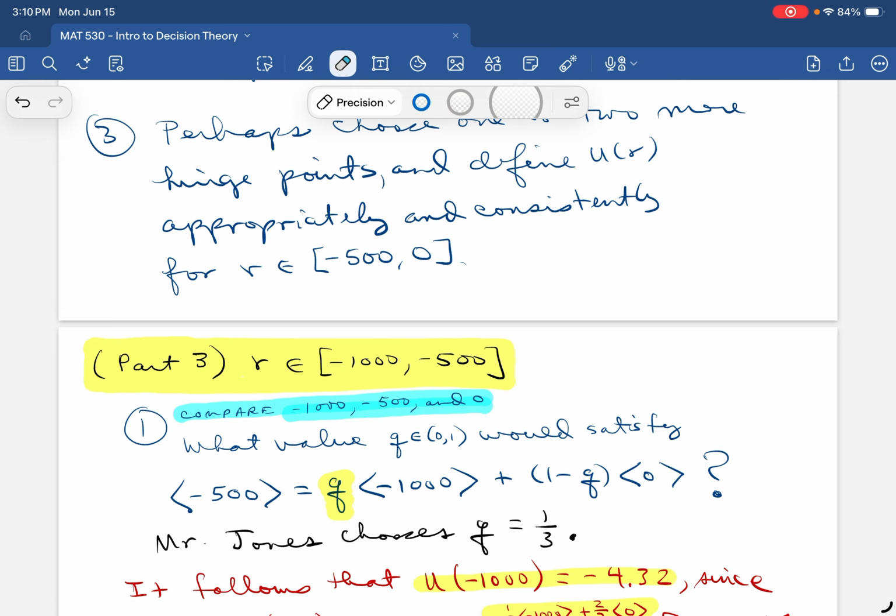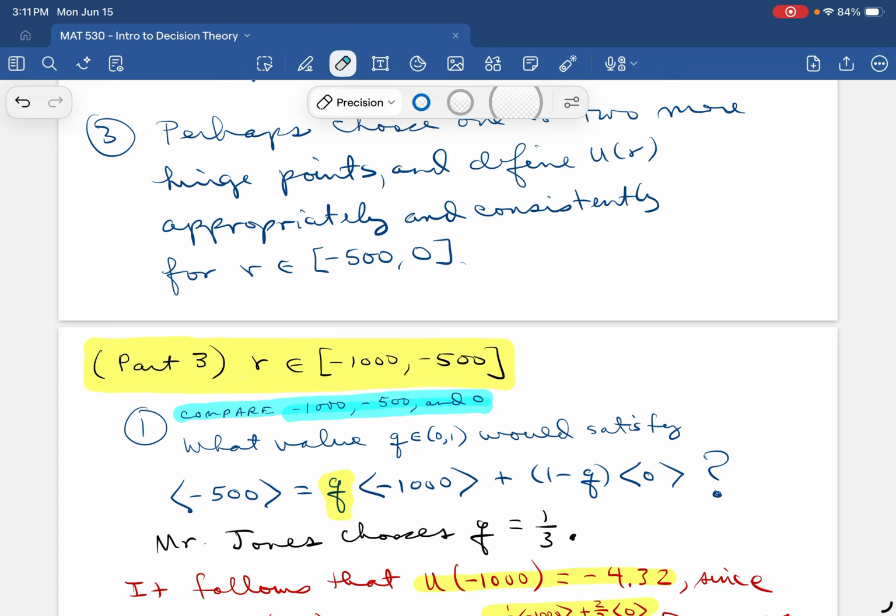So here, now we would ask Mr. Jones what value little q he would require, so that we compare that to the occurrence of losing $500 for sure. How would he value that?